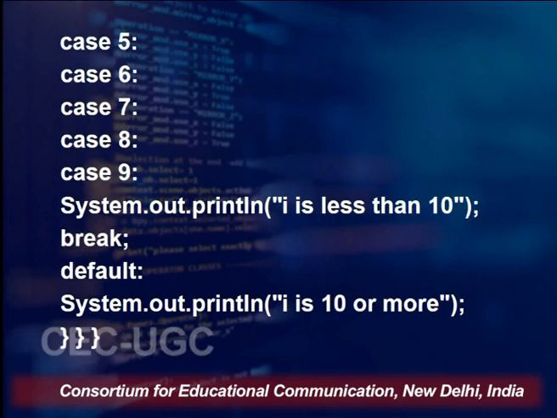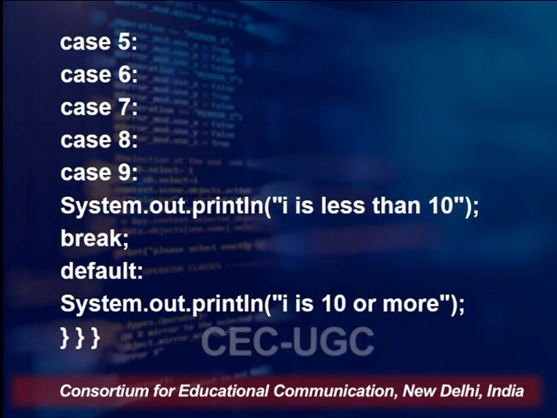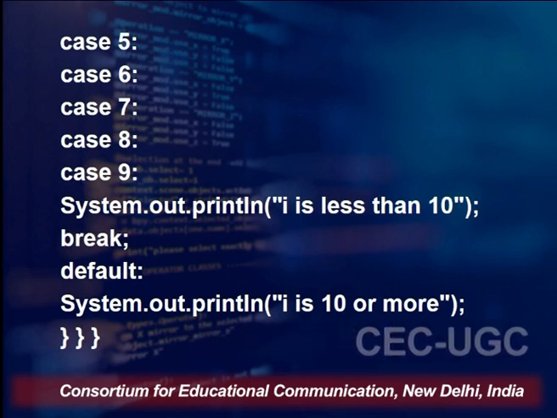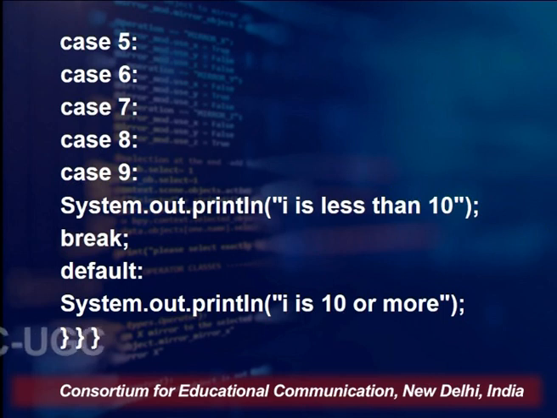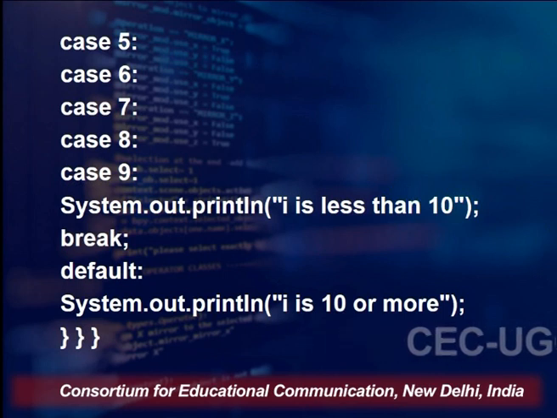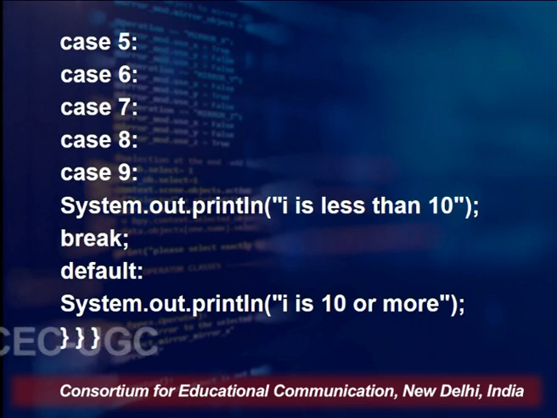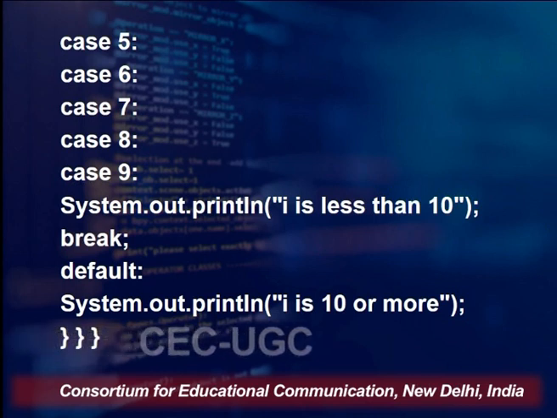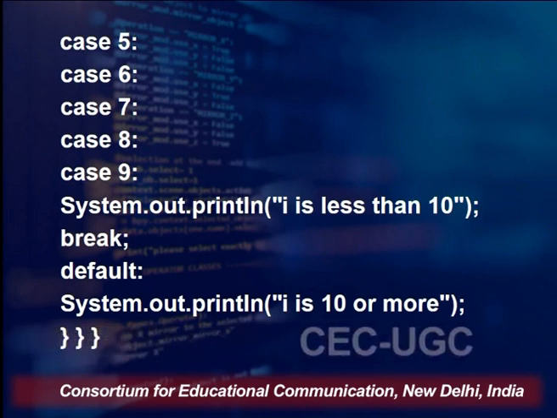Continuing this program, it has case 5, 6, 7, 8, 9 without any statements or any break statements. In case of 9, it is going to say system.out.println I is less than 10, then a break, and then the default statement which says I is 10 or more.